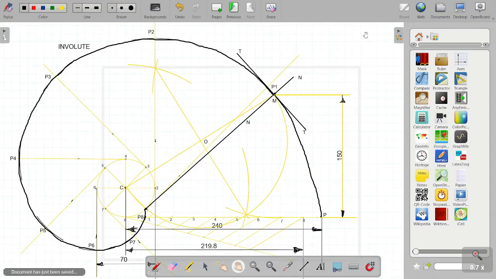So this completes the solution in all respects, wherein we have drawn an involute and we have also drawn a normal and tangent to the curve, which is at a distance of 150 mm from the ground or from the line. So I hope you have understood the entire concepts of construction for cycloid and involute.